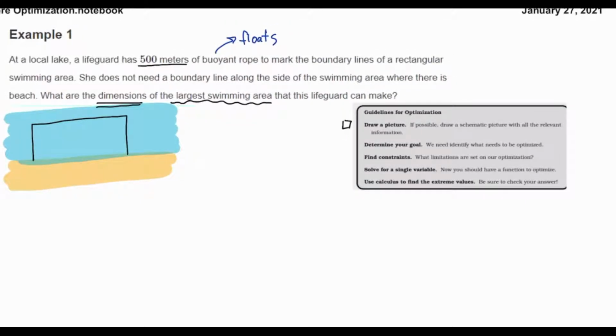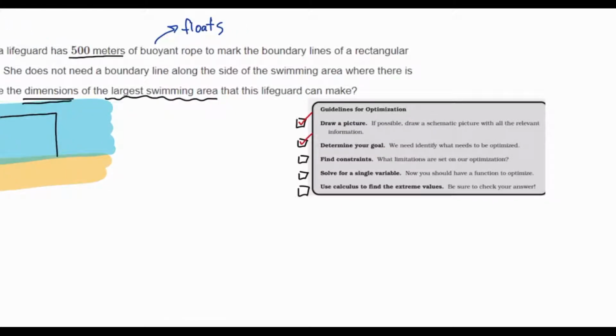Draw a picture, determine your goal, find constraints, solve for single variable, use calculus to find the extreme values. So we have drawn a picture. We have determined our goal, and our goal is to find maximum area. Max area, and it's max area of a rectangle.